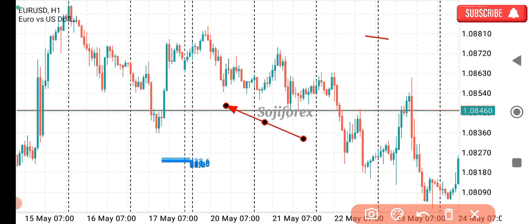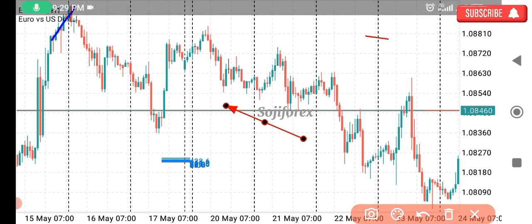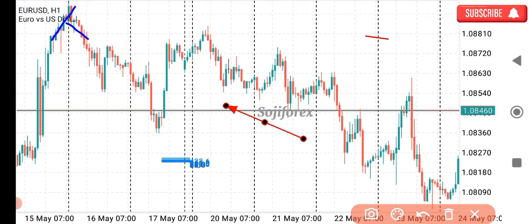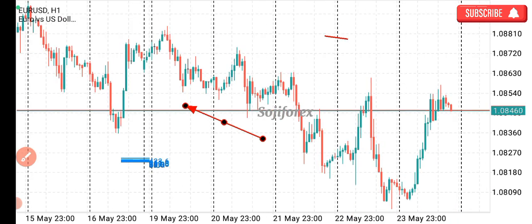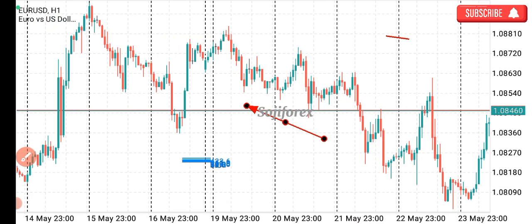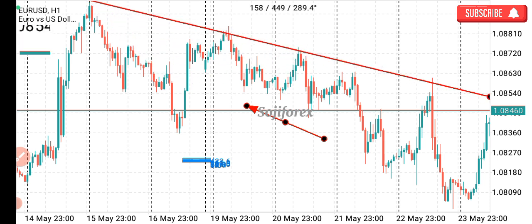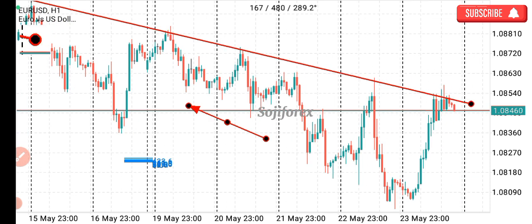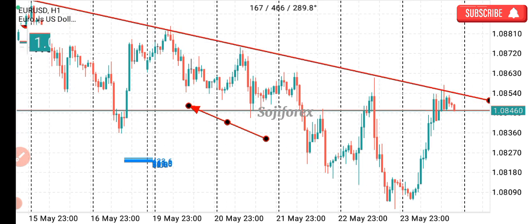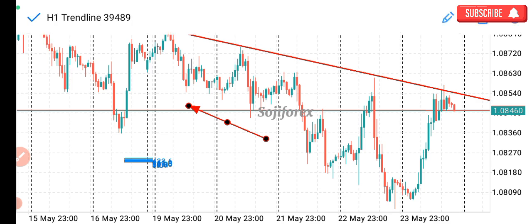So you need point A and point B. This is point A and this is point B. So you will draw your trend line at this point and into the future. So here we have your trend line, and you can see how perfect this trend line is.